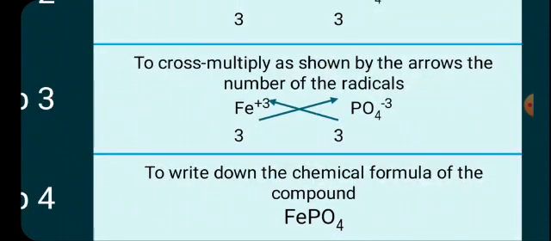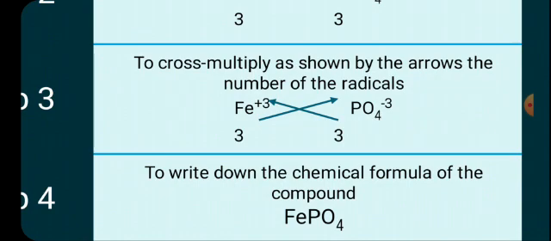Children, here to the right side of Fe, 3 digit is not written as a subscript, and on the right side of phosphate 3 digit is not written as a subscript. Why? Because the number 3 digit is common to them and it gets cancelled down. So the chemical formula of ferric phosphate is FePO4. Is it clear to you?